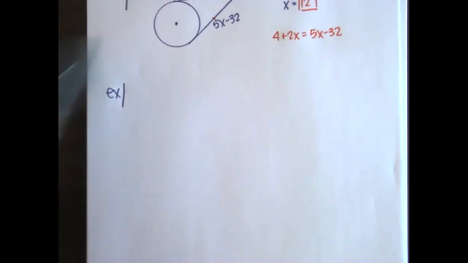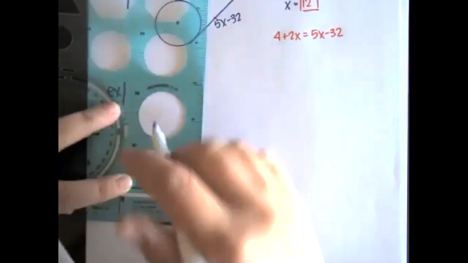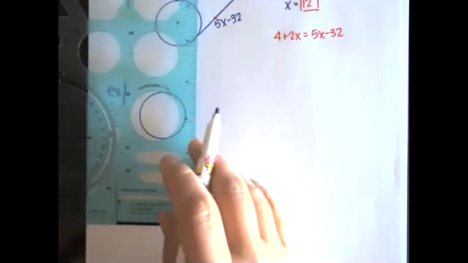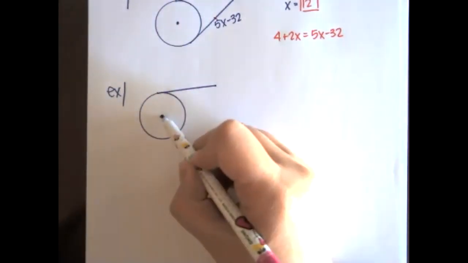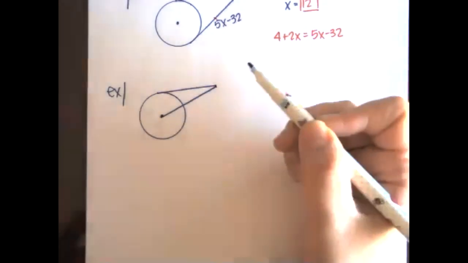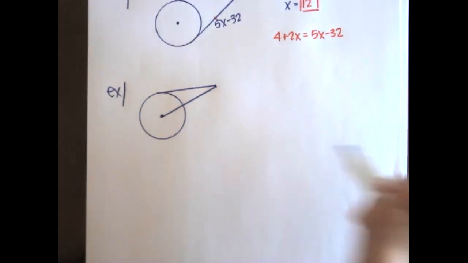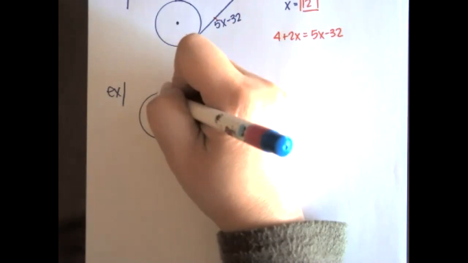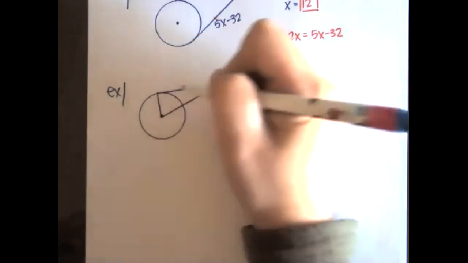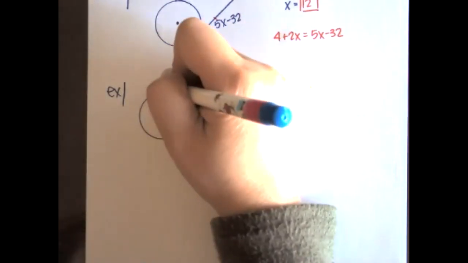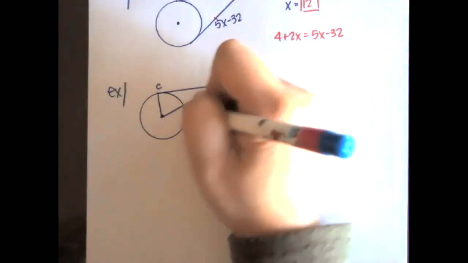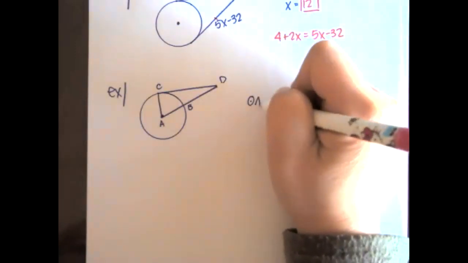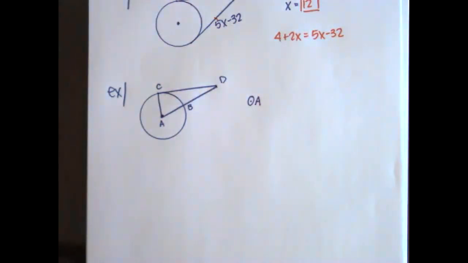I kind of like using this. Let's use this. So we have a circle, we have this, and we'll label this C, D, B, A. We have circle A. That's important to know.